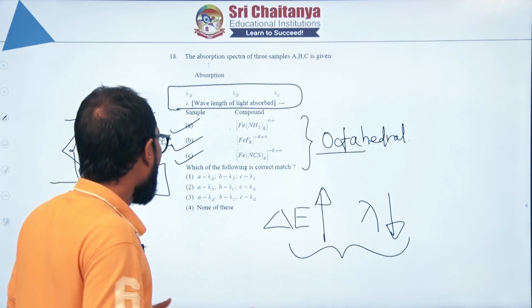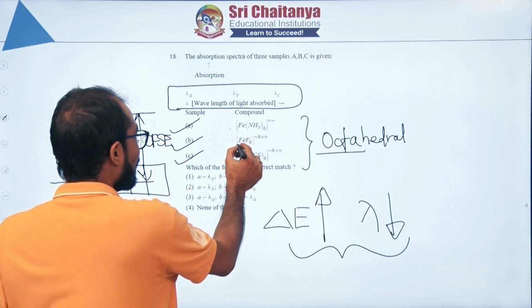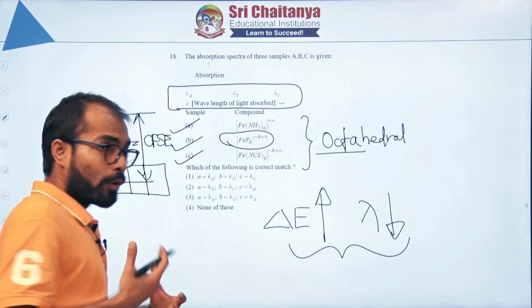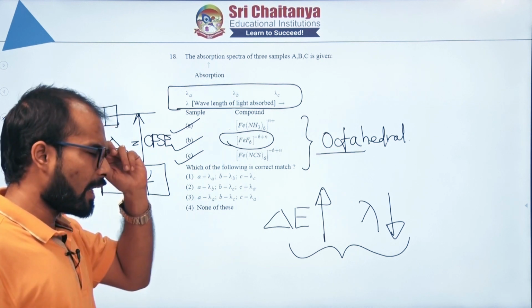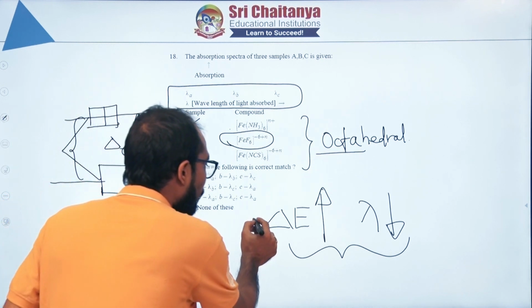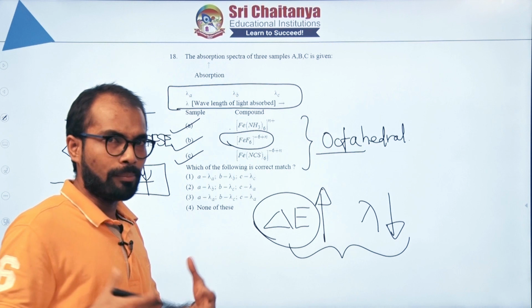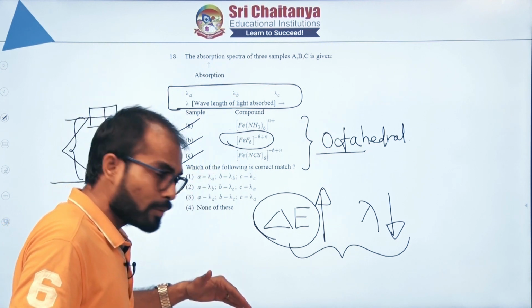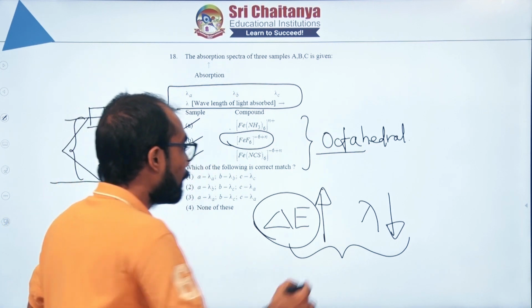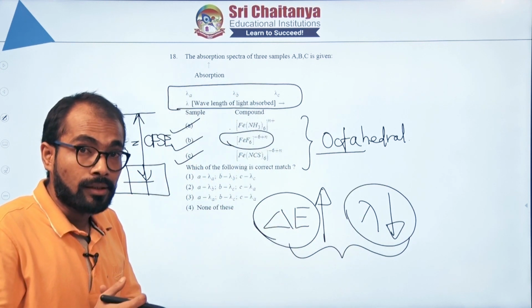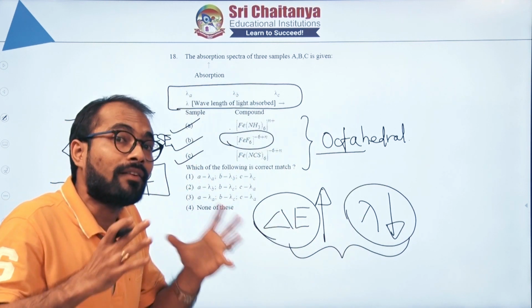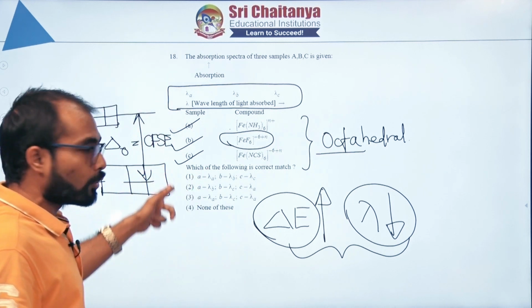Now, if you see out of all these options, you might see that this one has fluorine. Fluorine is the weak field ligand, and therefore, in case of fluorine, this will be the smallest. And if this will be the smallest, out of the 3 options, lambda has to be relatively bigger in case of B. So, I need the lambda for B to be the greatest, and that is where I will look into the option.